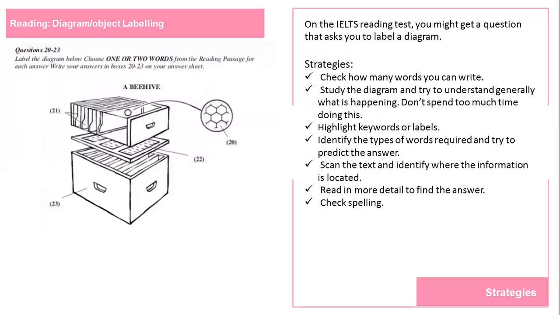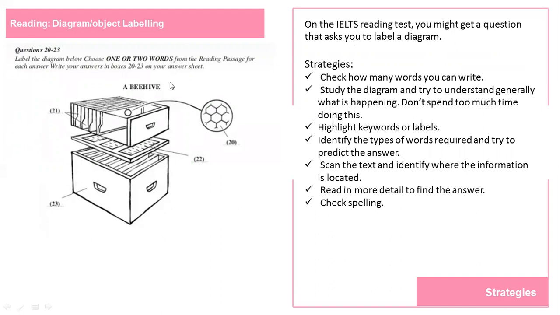Okay, and then there is also a question type, diagram or object labeling. So you will be given a text, a passage that talks about a process of something or a machine or an object, and then you will be given a picture here.